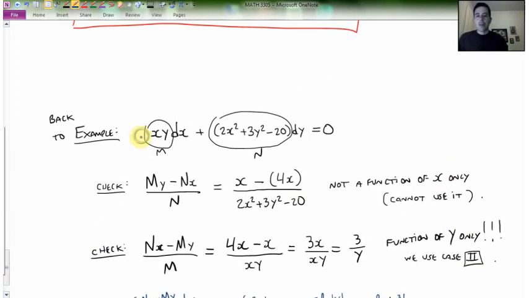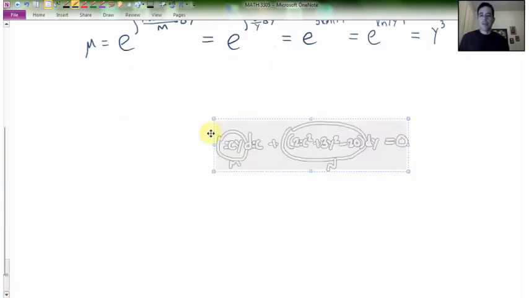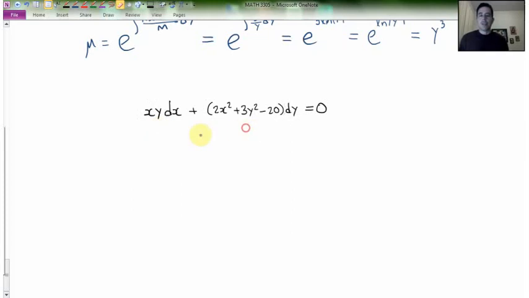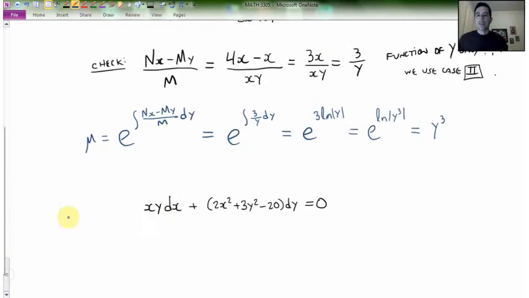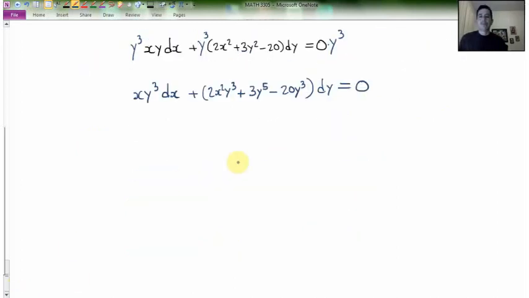So we multiply both sides of this equation by y cubed. We get x y cubed dx plus (2x squared y cubed plus 3y to the 5th minus 20y cubed) dy equals 0.